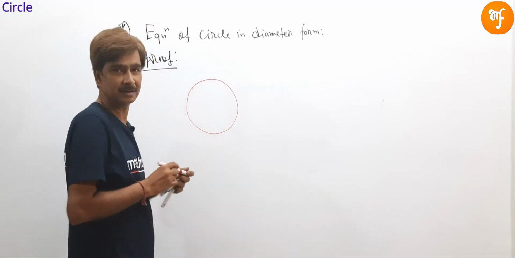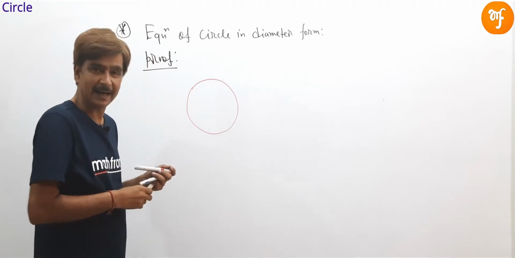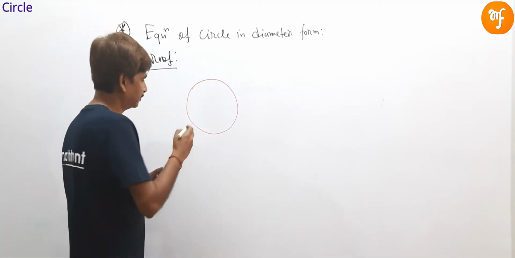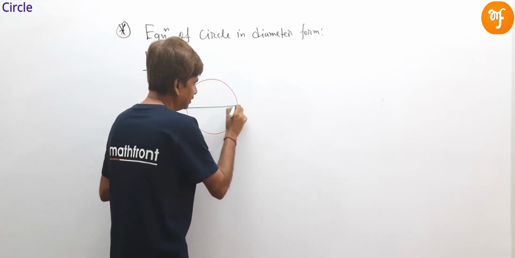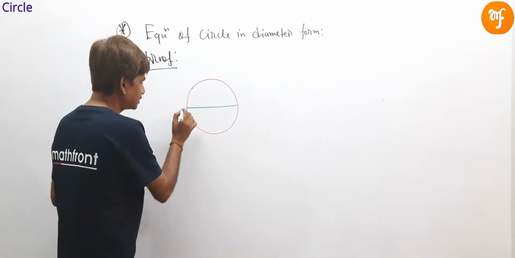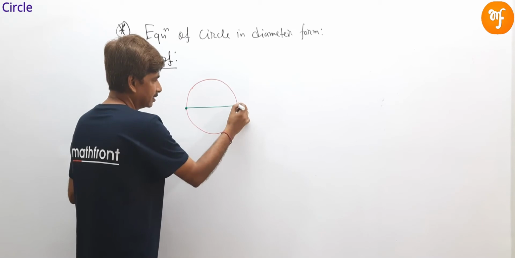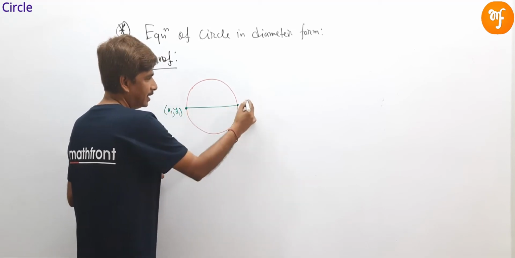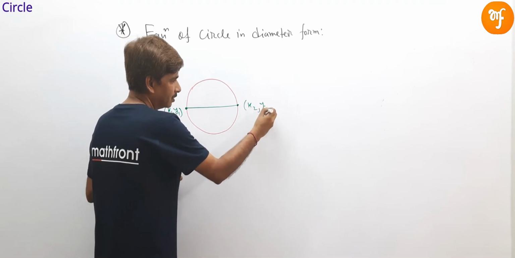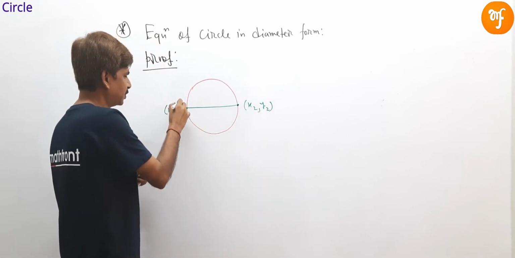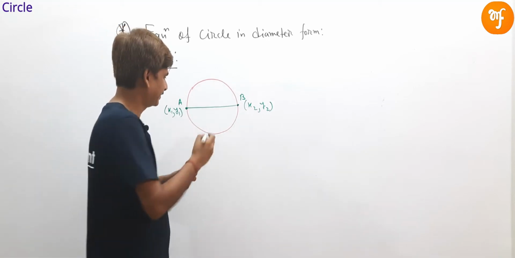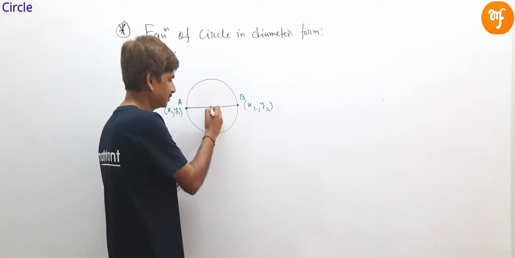This is a circle whose diameter has ends x1, y1 and x2, y2. Consider this point is A and this point is B, so AB is the diameter. This is the center, suppose O.